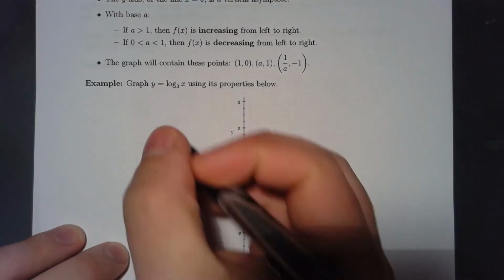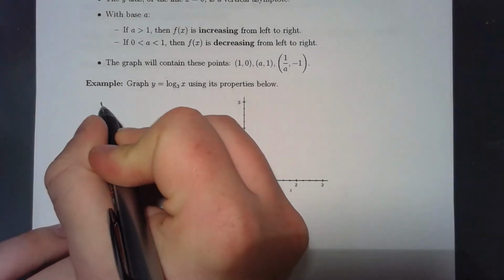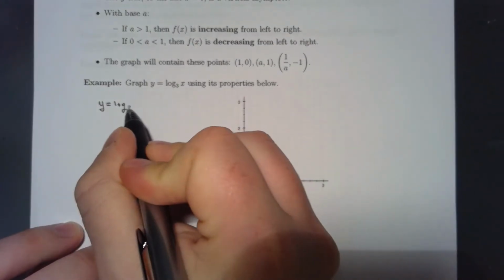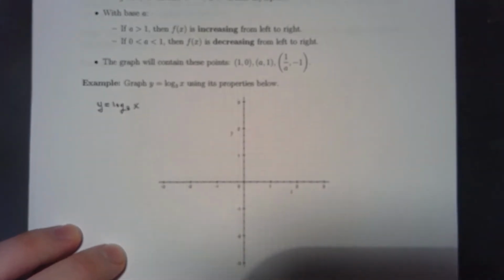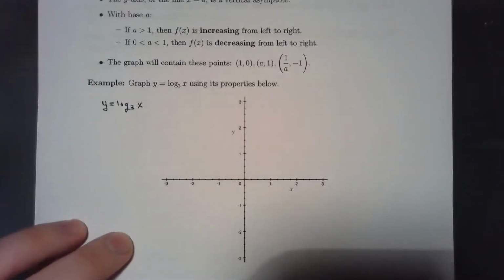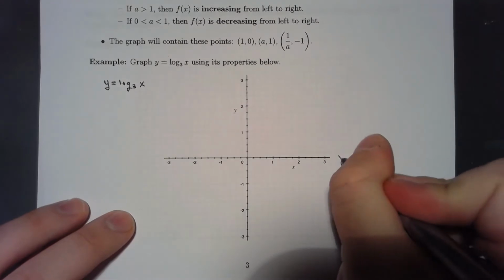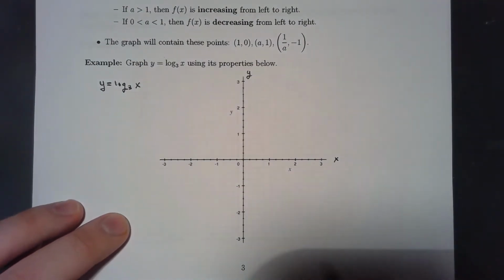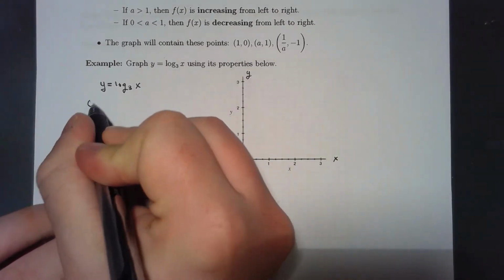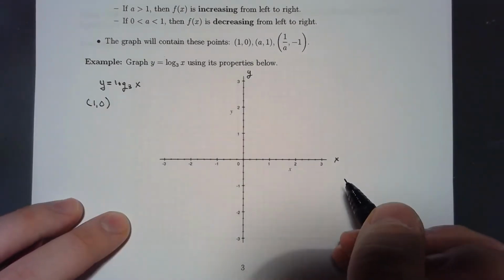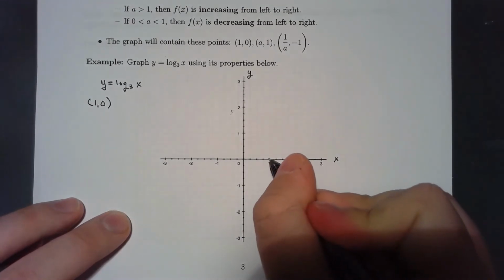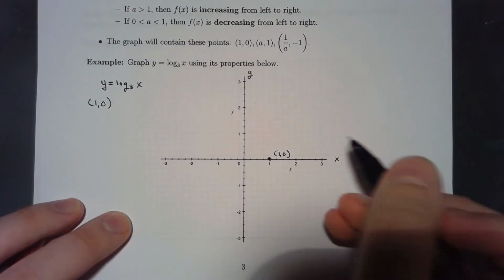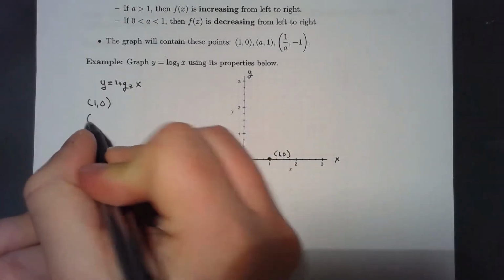All right, so if we want to graph y equals log base 3 of x, if we want to graph that function, so this is the x-axis, there's the y-axis. So that's going to contain the point 1, 0. So that's going to be right here, 1, 0. The point 3, 1.